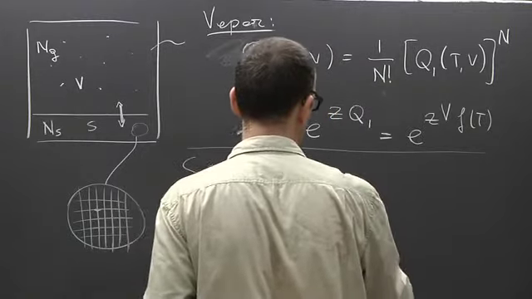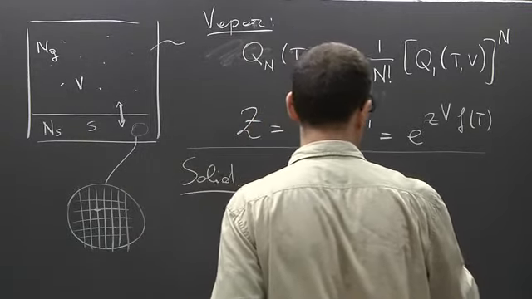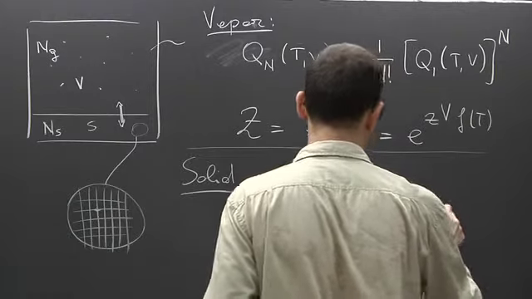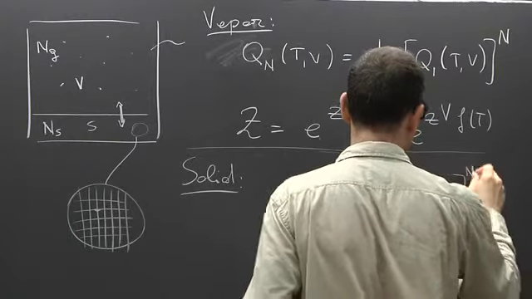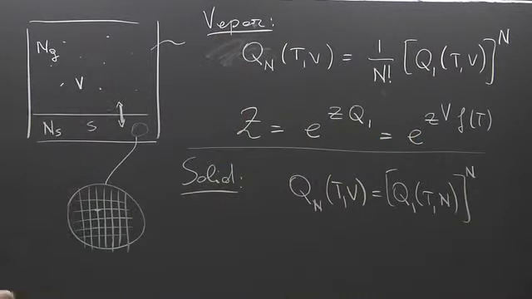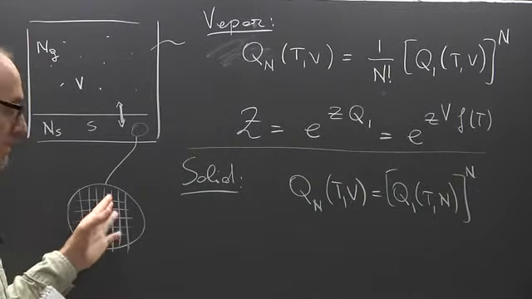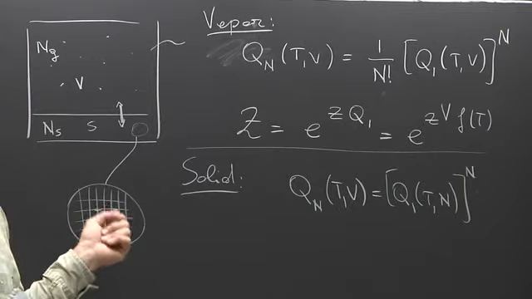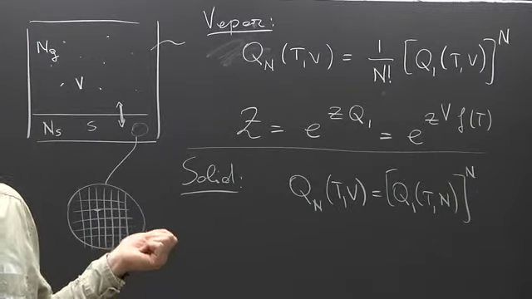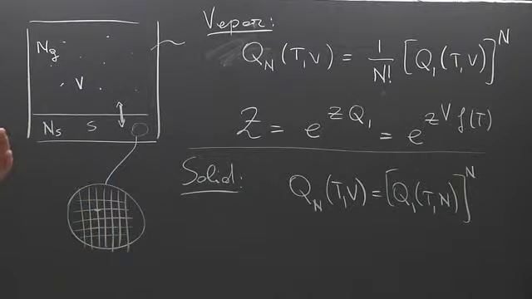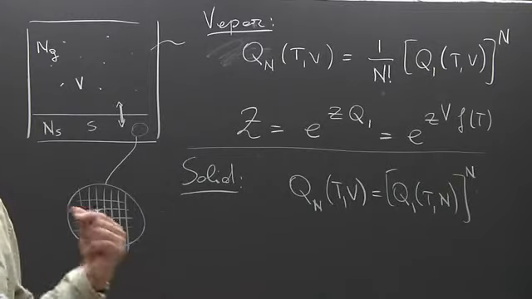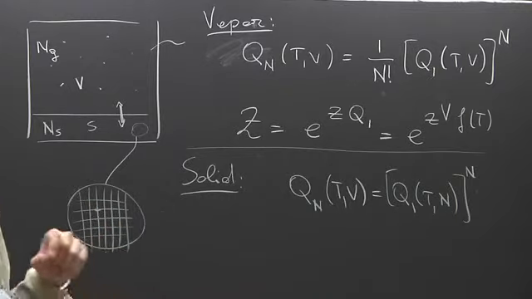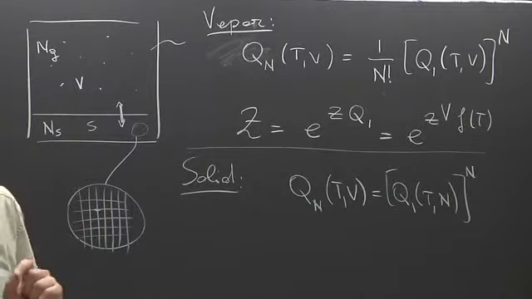And so the partition function for the solid is just the partition function for one harmonic oscillator to the power n. There is no n factorial because in all the microstates of the system, the atoms are fixed in their positions. So the atoms are distinguishable by their position. There is a label on each atom, which is the three-dimensional position.